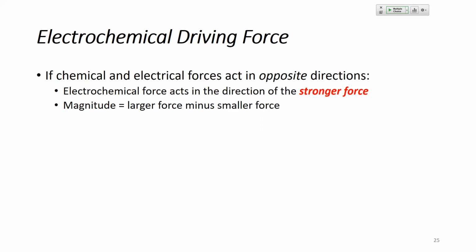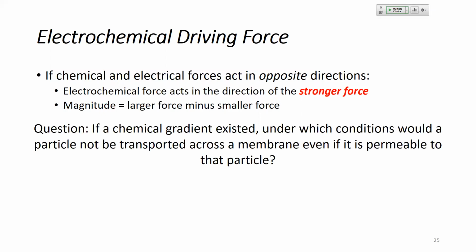I'll say that again. So if the chemical and the electrical forces aren't acting in the same direction, if they're opposing each other, such as that first scenario we saw with potassium, then the stronger force will influence the direction of the electrochemical force. Okay. And then the magnitude will be the larger force minus the smaller force.